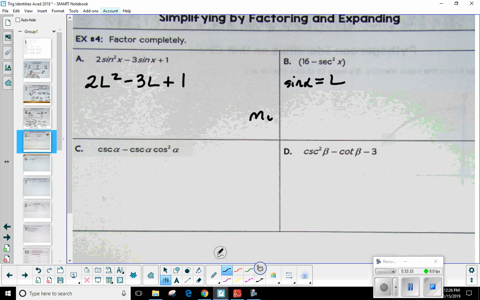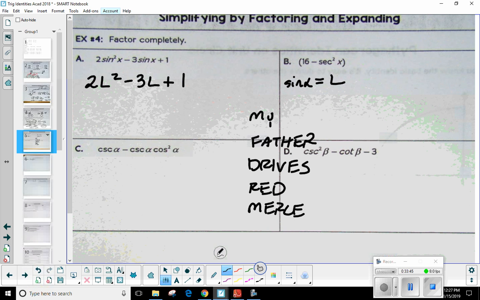My father drives a red Mercedes convertible. Actually, my dad drives a maroon Chevy, but that's something different.